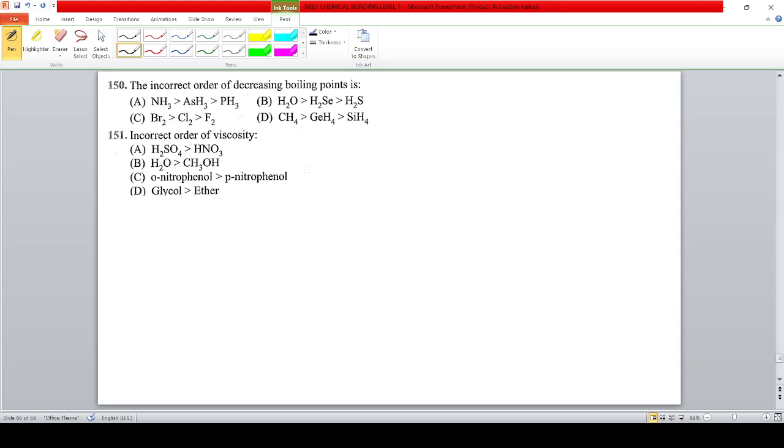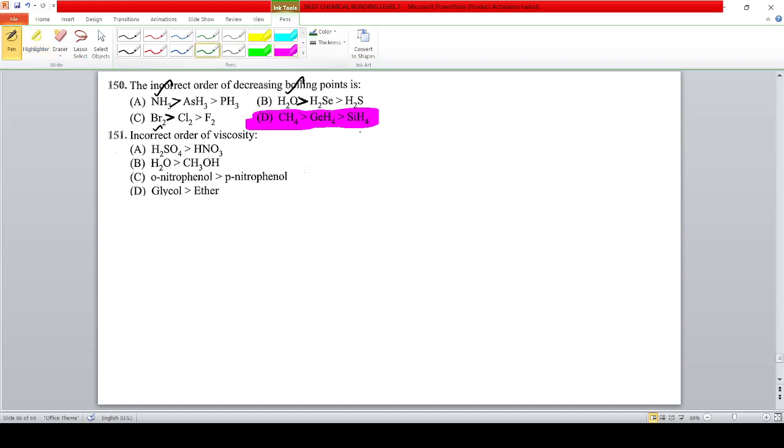decreasing boiling point. This fellow is having the greatest boiling point because of hydrogen bonding. This fellow is having the greatest boiling point because of hydrogen bonding. This fellow is having the greatest boiling point because of molecular weight. And so this is the answer.